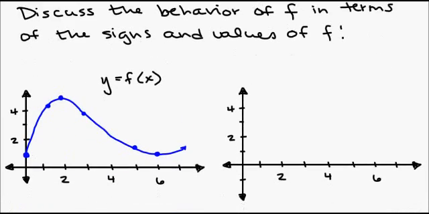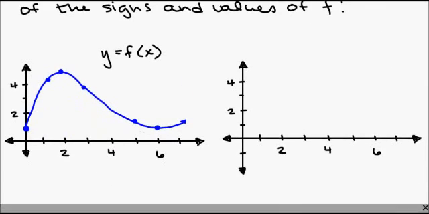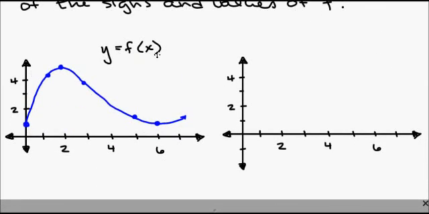So we're going to start by just taking a look at this graph. This is y equals f of x. You can see the curve here. And we're going to graph y equals f prime of x.